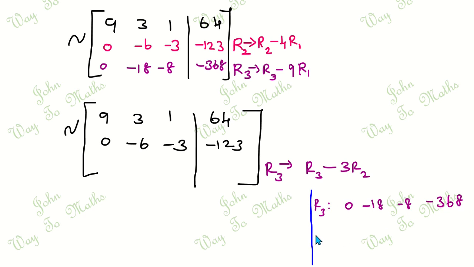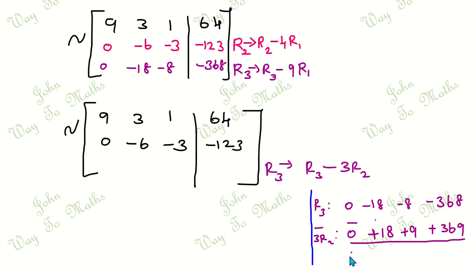Now row 2 is multiplied by 3. So 3 times of row 2 becomes 0, then minus 18, then 3 3s are 9, so minus 9 here, and minus 123 multiplied by 3 we get 369. So now I'm going to introduce the symbol in between, minus here, plus.